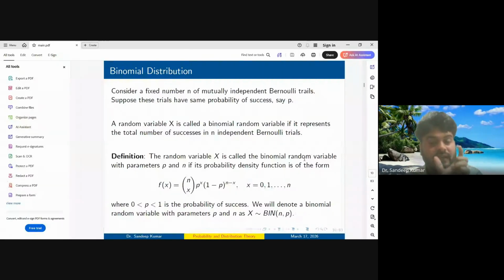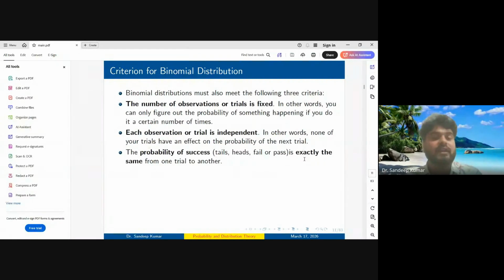Second, each observation or trial is independent. Third, the probability of success, whether tails, heads, fail or pass, is exactly the same from one trial to another. These are the three criteria for the binomial distribution.